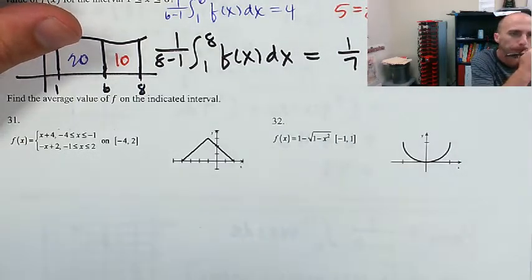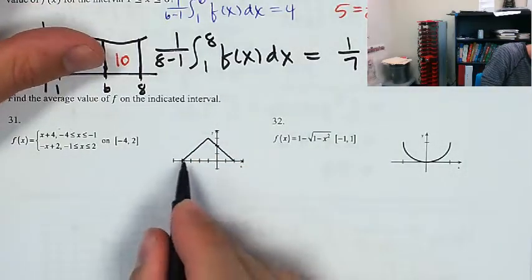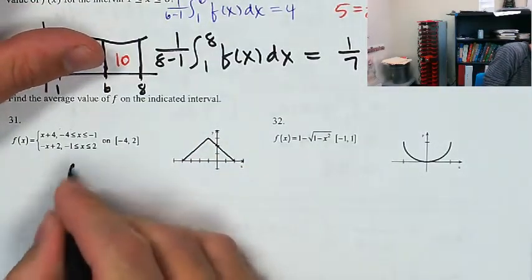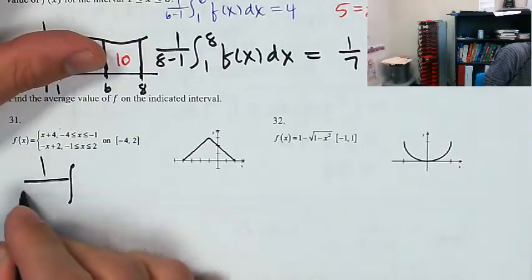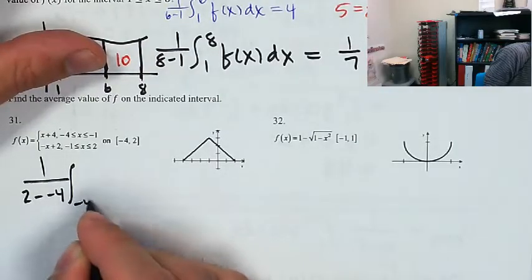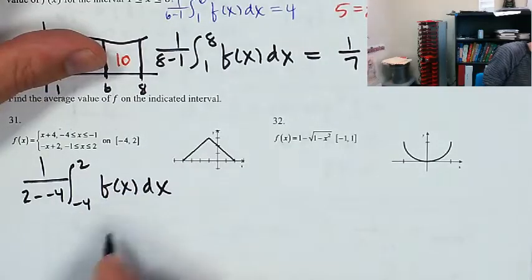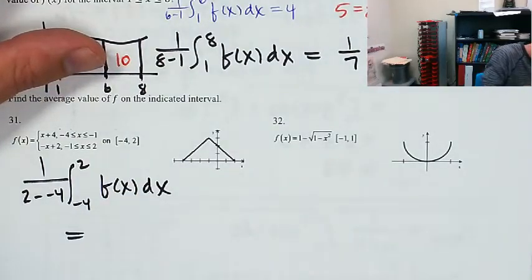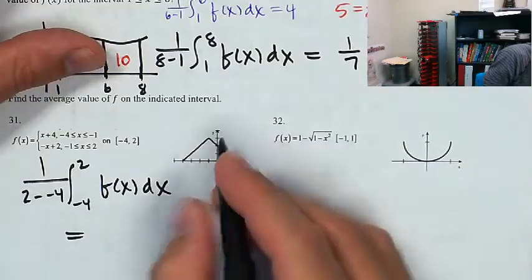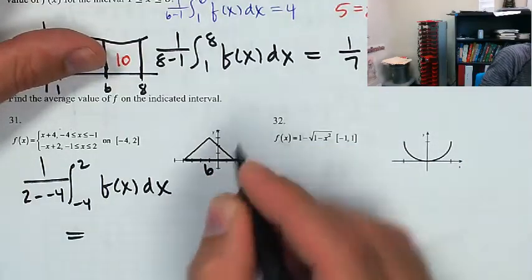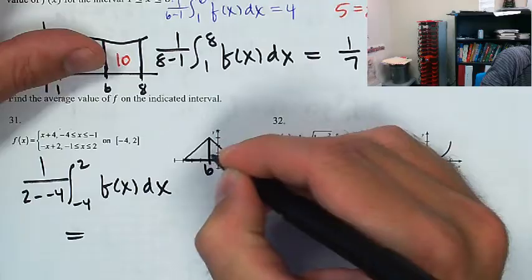All right. So this one, on -4 to 2, okay, that's the whole thing. Write the integral, and that's going to be 1/6 of the total area, and this is a triangle with a base of 6 and a height of 3.